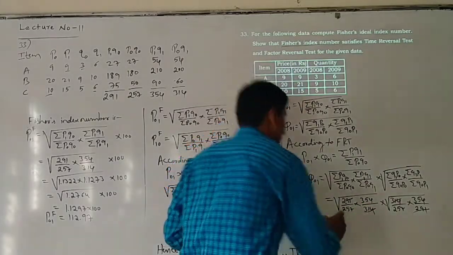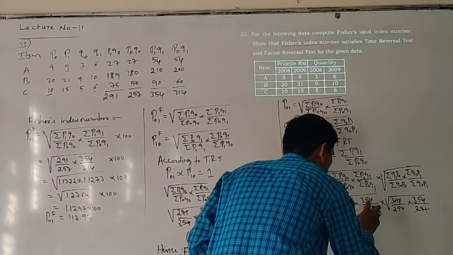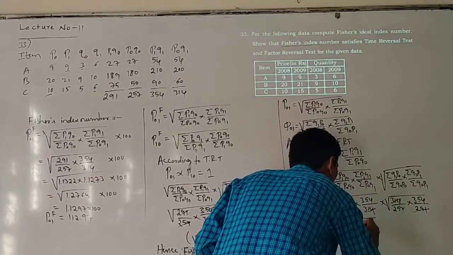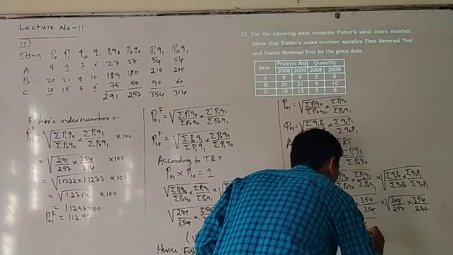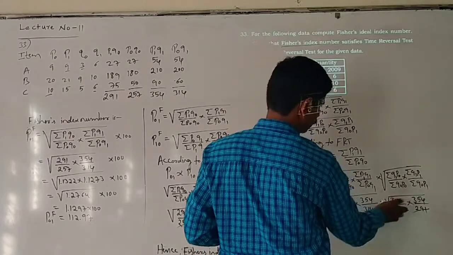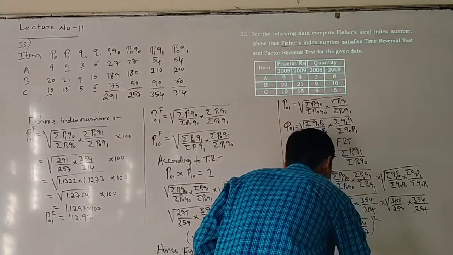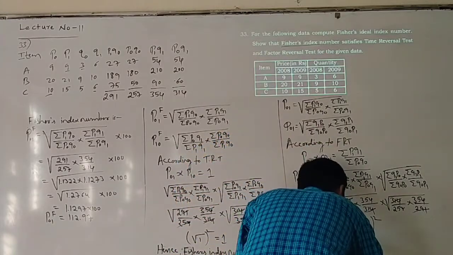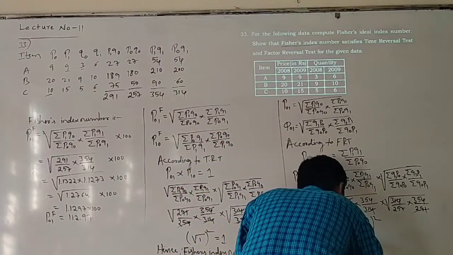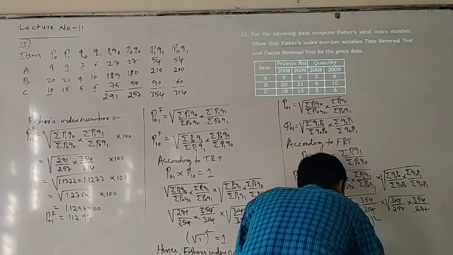Okay, now cancel. See here, under root of 354 by 257, we will get under root of 354 by 257. Here also 354 by 257, it square. Therefore 354 by 257 square is 354 by 257.